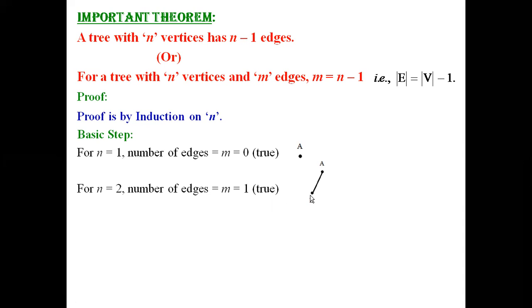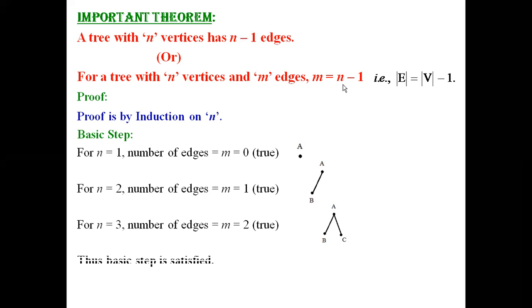If we try to draw more than one edge, it forms a cycle, hence it will not be a tree. Now with n equal to 3, the number of edges m will be equal to 2. Again with the help of a graph, it is observed. So we observed that for all these basic values, the theorem is satisfied. So the basis step is true.